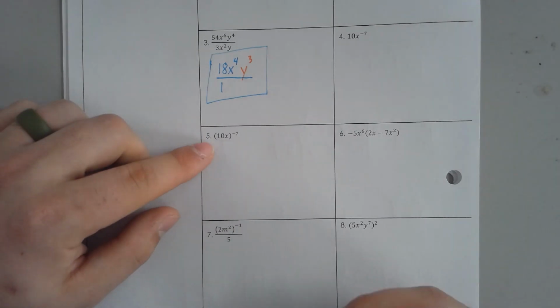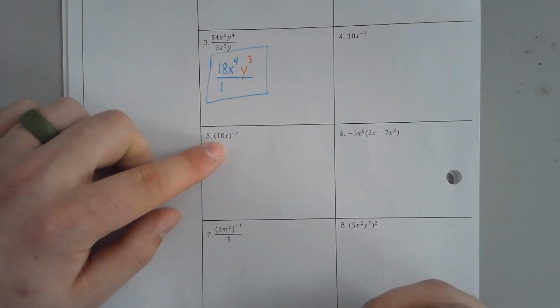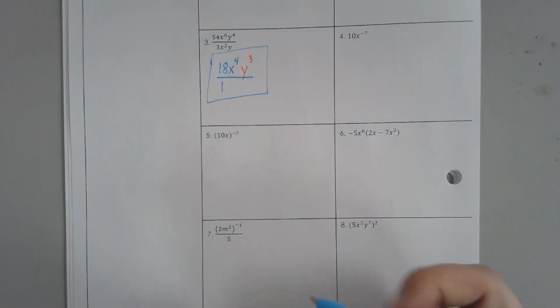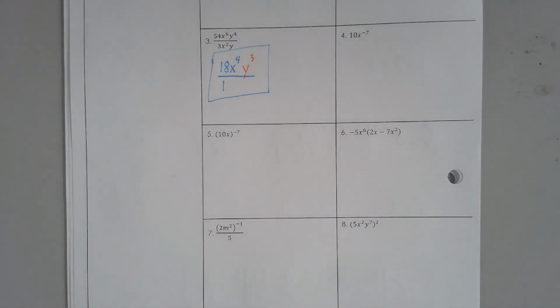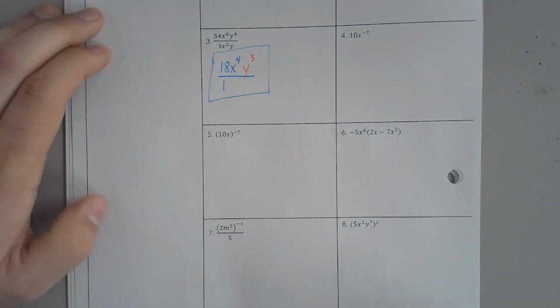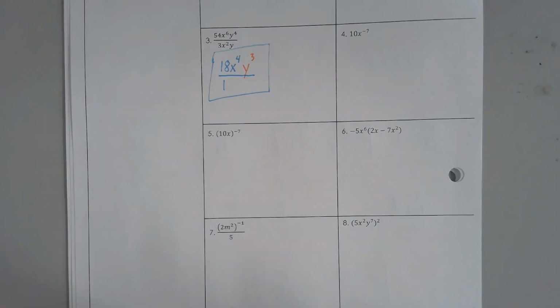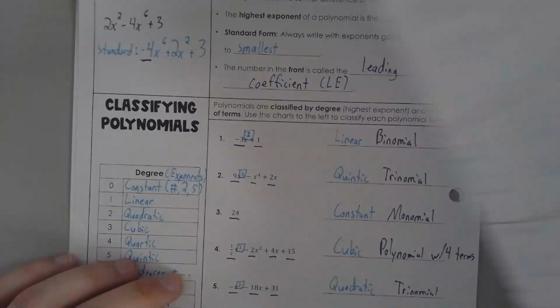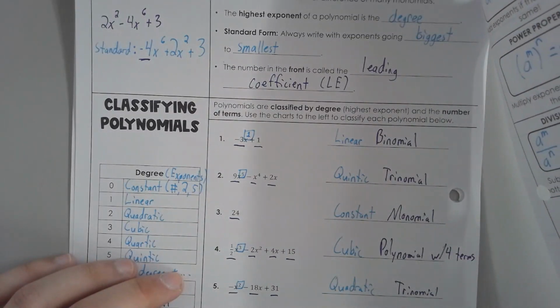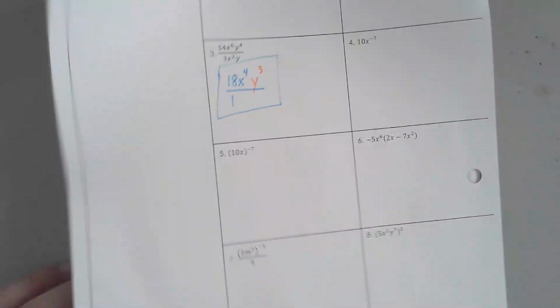Number 5, we've got 10x all raised to the negative 7 power. So is that negative 7 exponent on the x? Is it on the 10? Is it on both of them? It's on both of them because it's all in parentheses. So which property are we using on this one? We're using the negative exponent property.